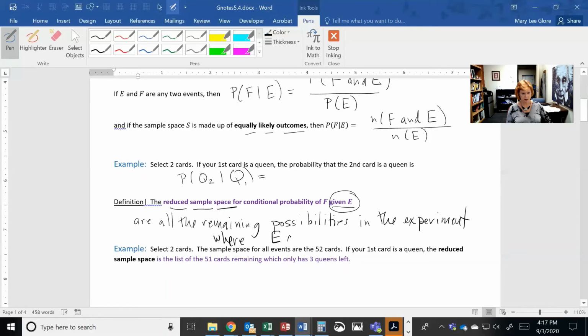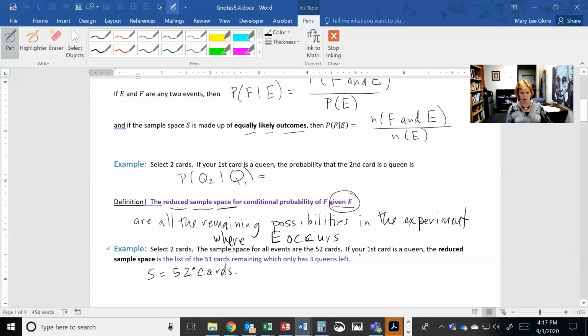Here I select 2 cards. The sample space for all events is the 52 cards. So when I start out, I get S, which is all 52 cards. So that's my sample space.